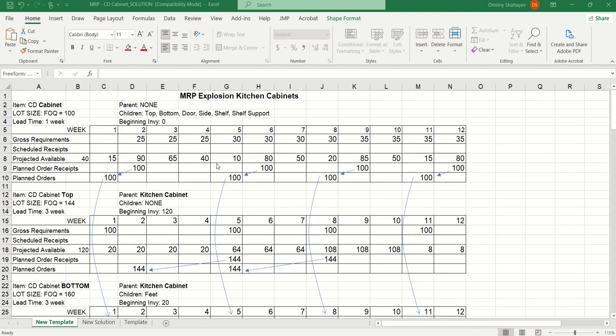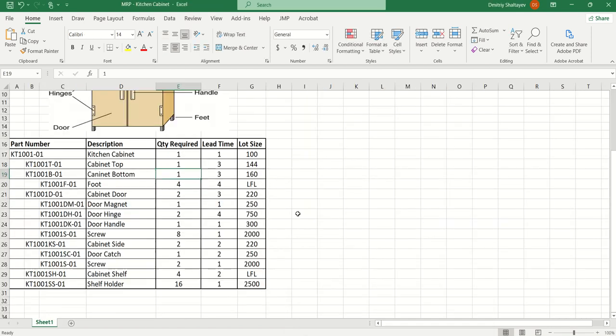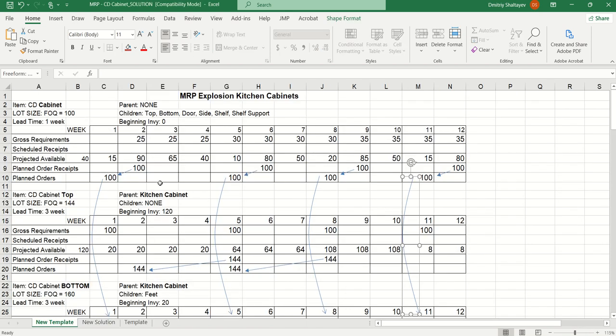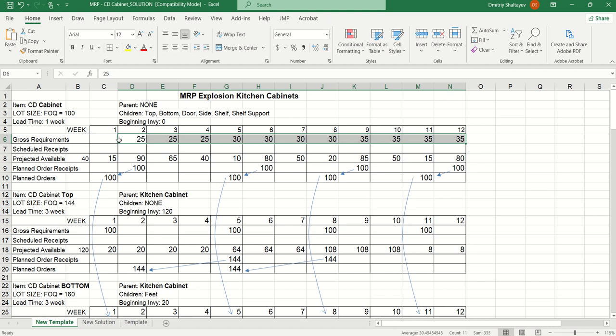So reminder, what we're doing really is we are trying to schedule the work on the parts and components, on all the materials that constitute one unit of this beautiful product, which is a kitchen cabinet. So what we did in the previous class is we took the forecasted figures of the demand that we are predicting.